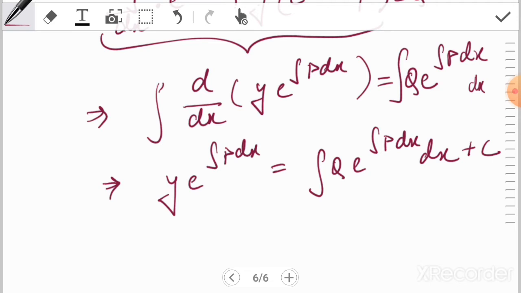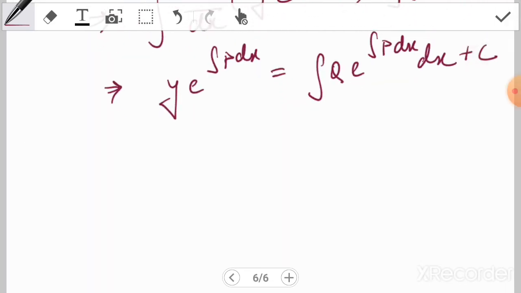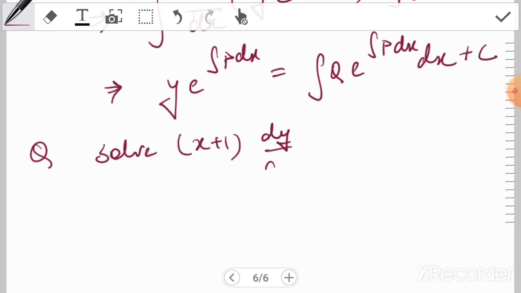Let us understand this with an example. Solve x plus 1 dy by dx minus y is equal to e raised to the power 3x and x plus 1 whole square.